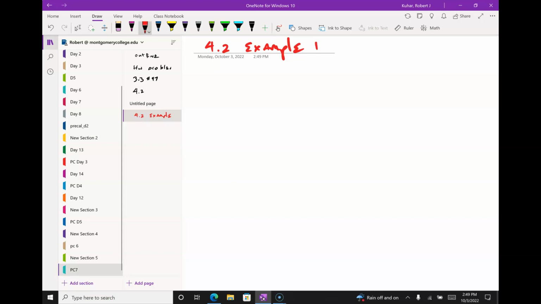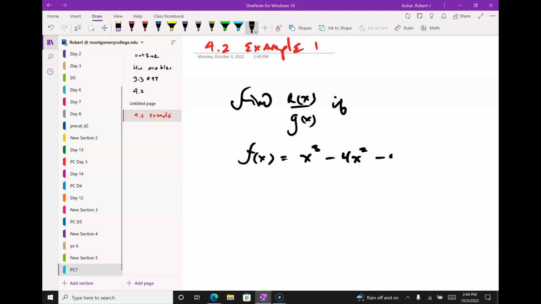So find r of x over g of x, right? If f of x, which is x cubed minus 4x squared minus 5, is divided by x minus 3. Yeah, maybe I'm just finding my remainder. Let's do it that way.